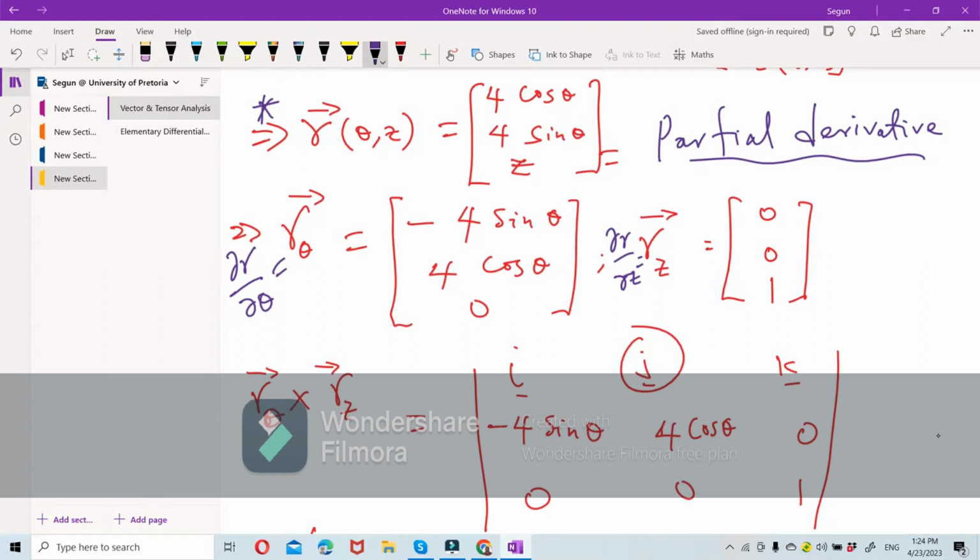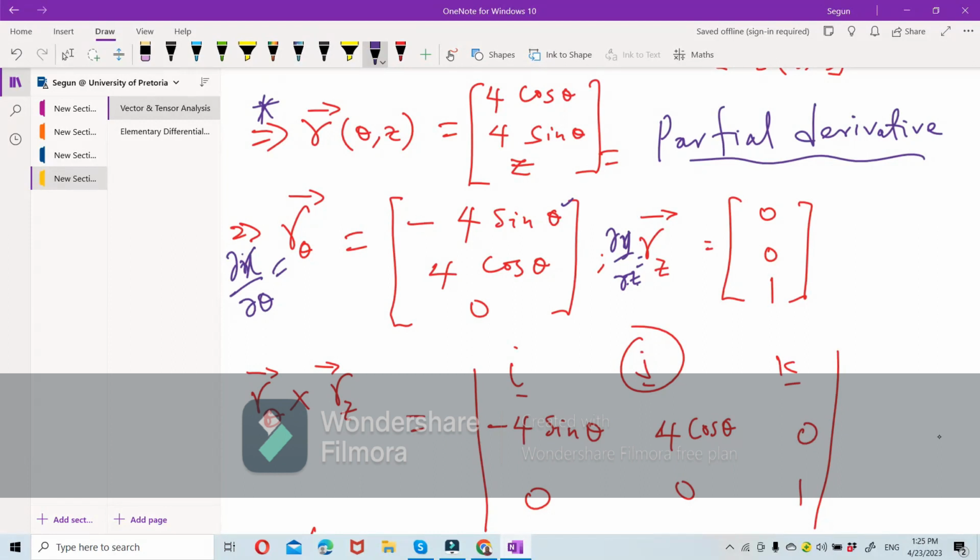So what do you have here? You have this. Differentiate X with respect to theta. We differentiate also this one with respect to theta, and differentiate Y also with respect to theta. Then Z, the same thing.